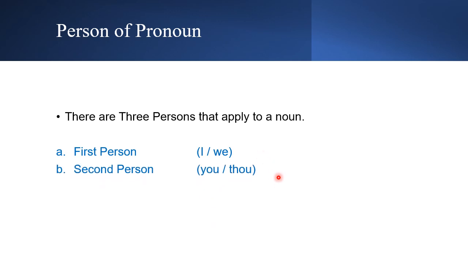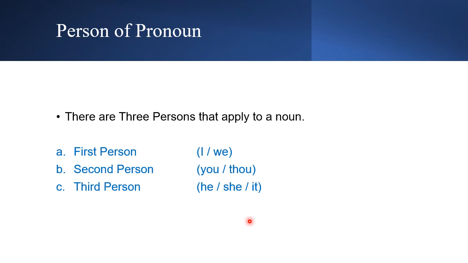Then we have second person, which is you and thou. Obviously thou is an old language, but it's good to learn things. In Shakespearean times, in old times, they would say thou instead of you. If it still works, but obviously it's not very common. And the third person is he, she, and it.